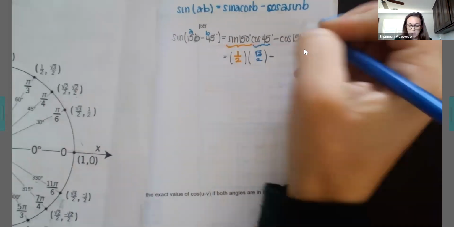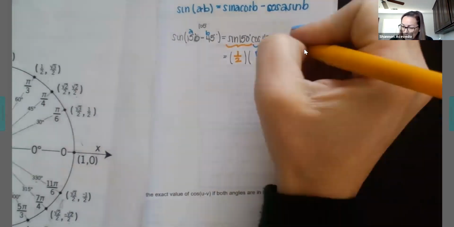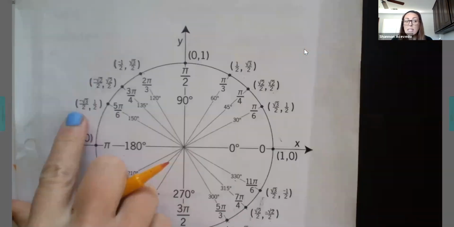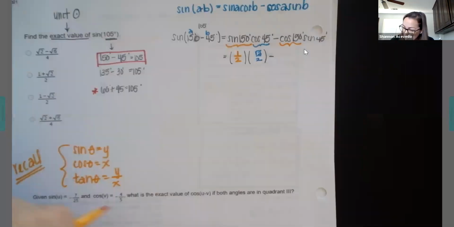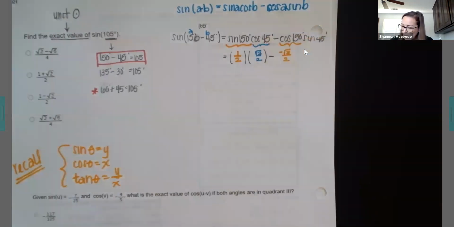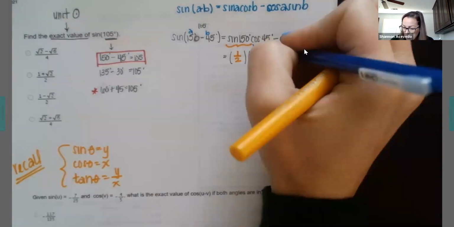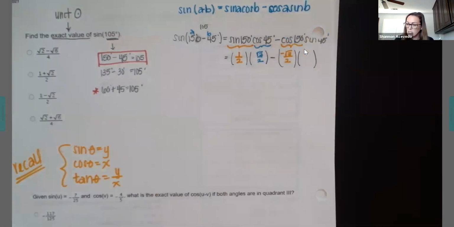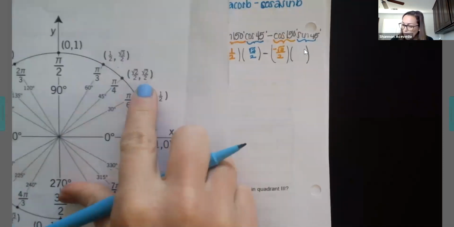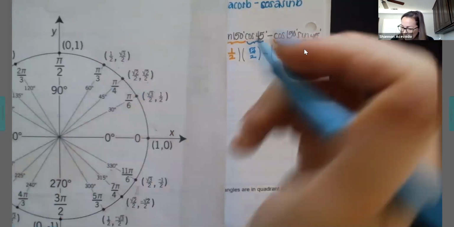Minus cosine of 150. Cosine of 150 is negative square root of 3 over 2. And then my last piece, sine of 45. I go to 45 degrees and look at the y value because it's sine, and it's the square root of 2 over 2.